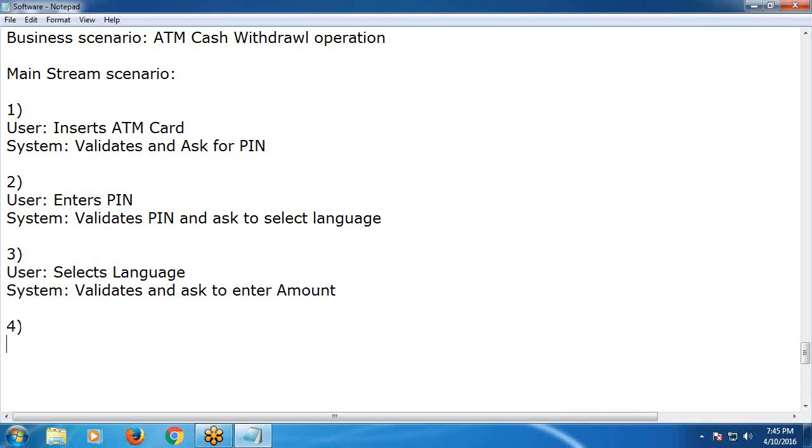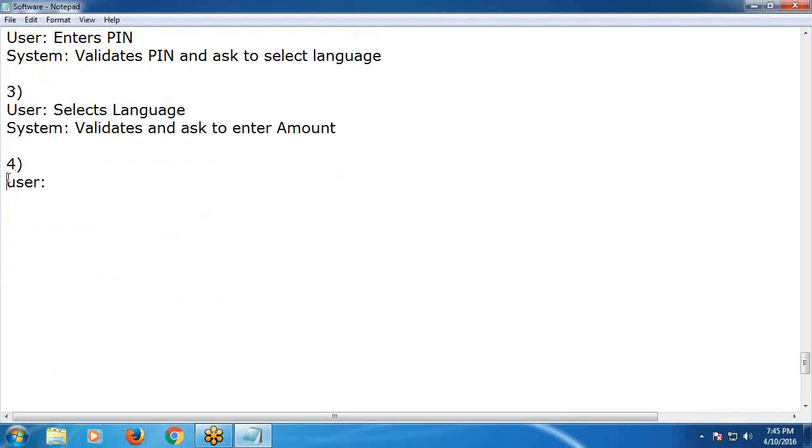Next, user, fourth transaction, user enters amount.